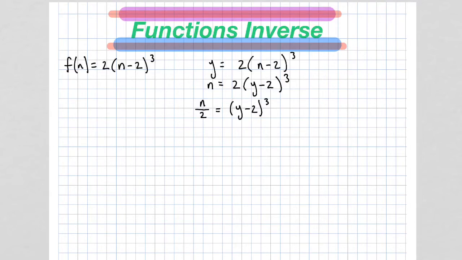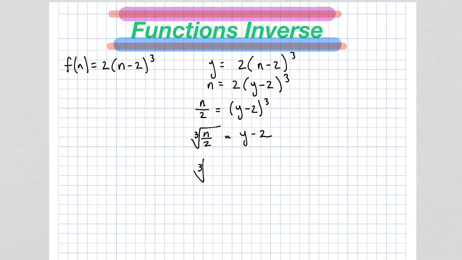Okay, next I want to take the cube root of both sides to get rid of this exponent. So we have the cube root of n over 2 equals y minus 2. Now we want to add 2 to both sides.